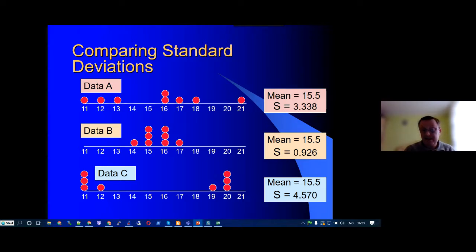All these 3 have the same mean value, but extremely different standard deviation values. And here we can see how data spread depends on the value of standard deviation.